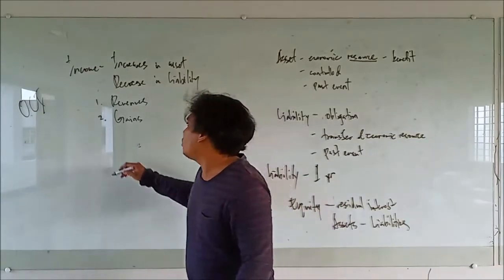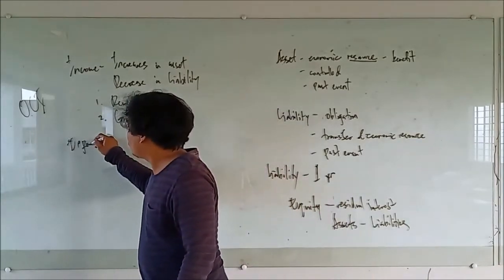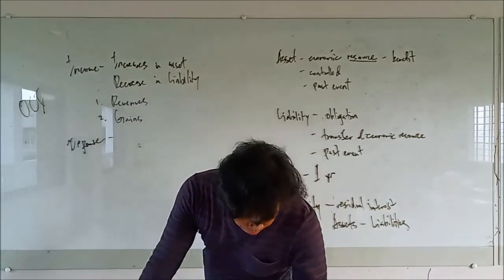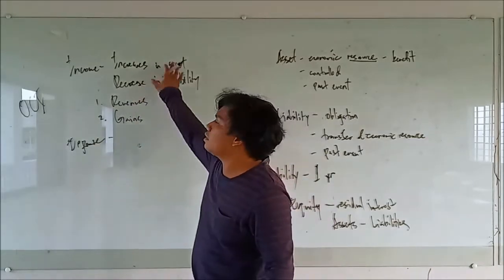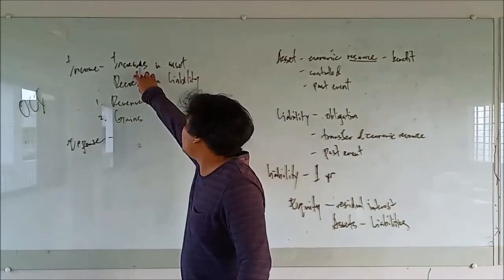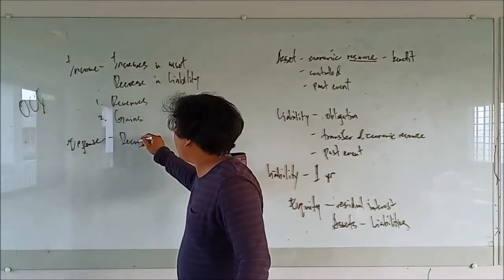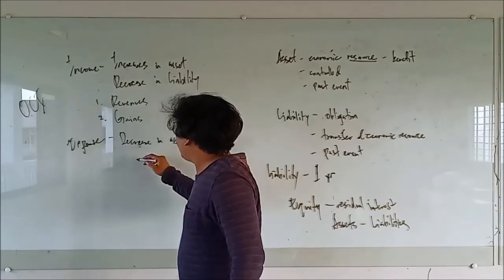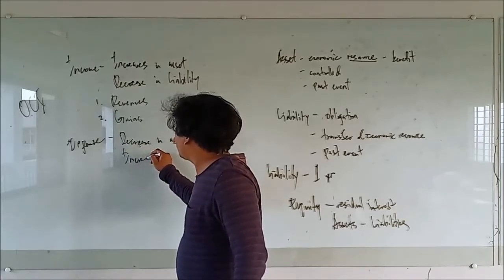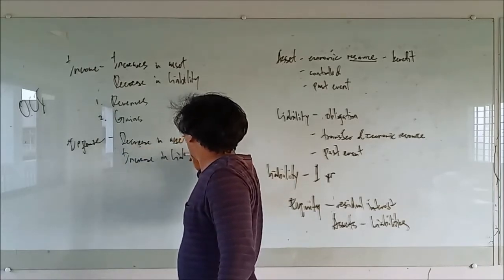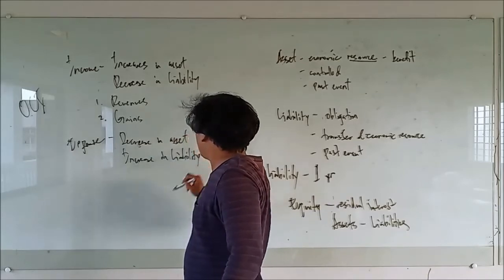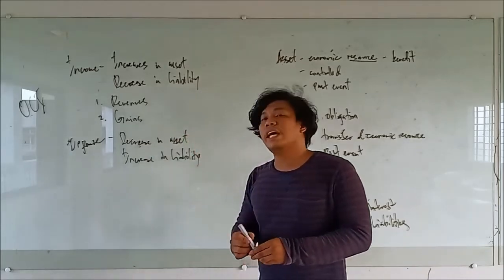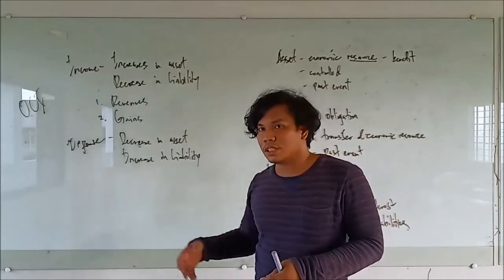Next, expense naman. Okay, pag sinabi natin expense, syempre kabaliktaran lang ng income. Kung increase ka ng asset, syempre decrease. Very typical. Or an increase in liability. Diba? Typical yan pag may expense, bayaran mo ng cash. Bawas cash.